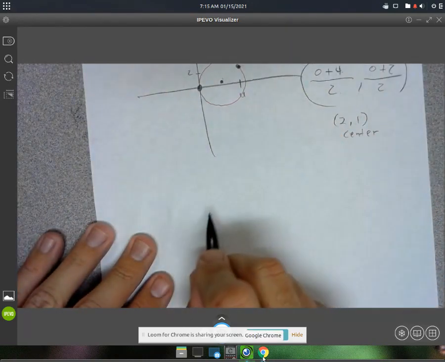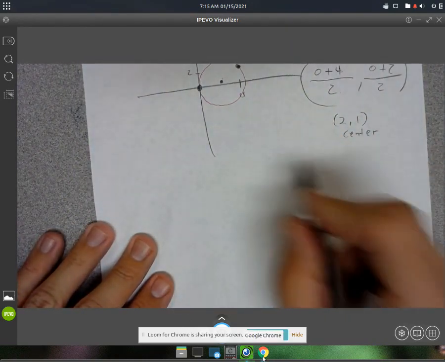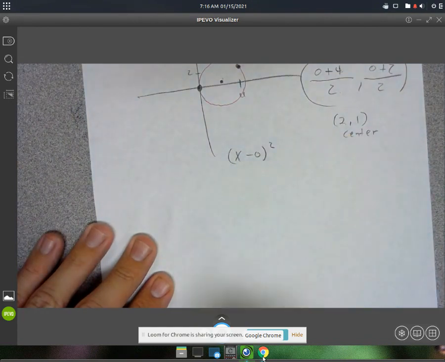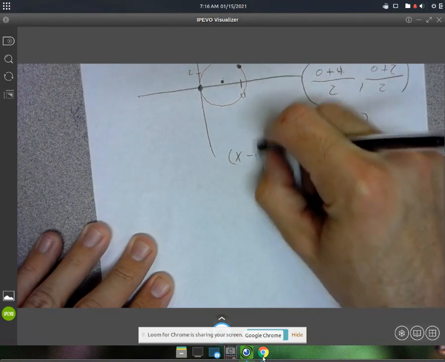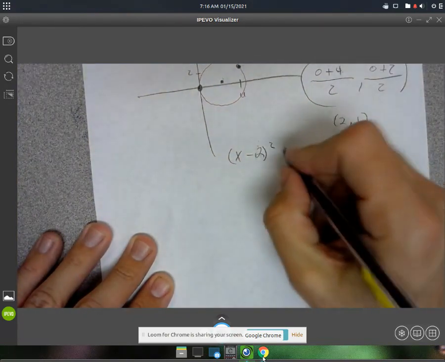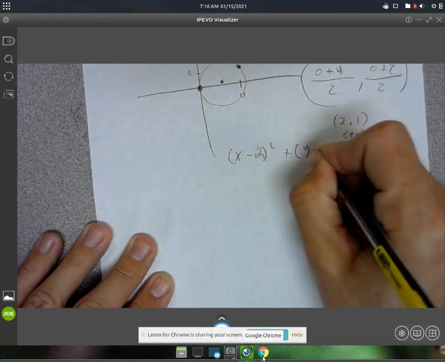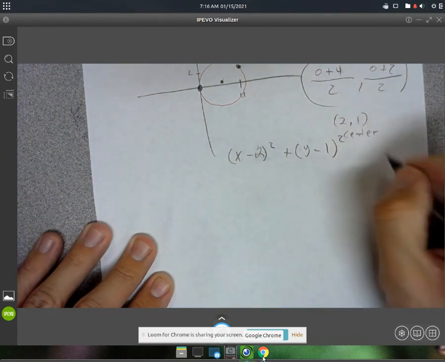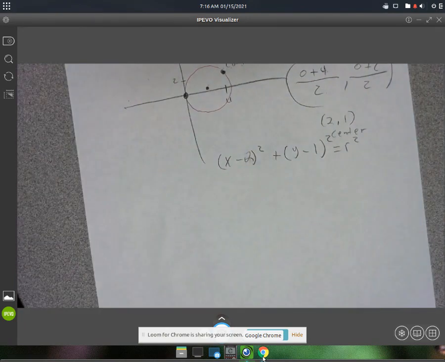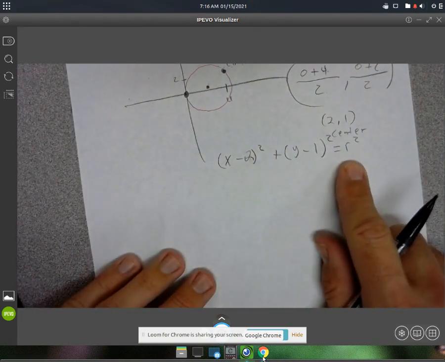Now I can go ahead and write most of the equation. I can say (x minus 2) squared, because that's my x coordinate, plus (y minus 1) squared is equal to r squared. Now there are two ways that you can find the radius here.